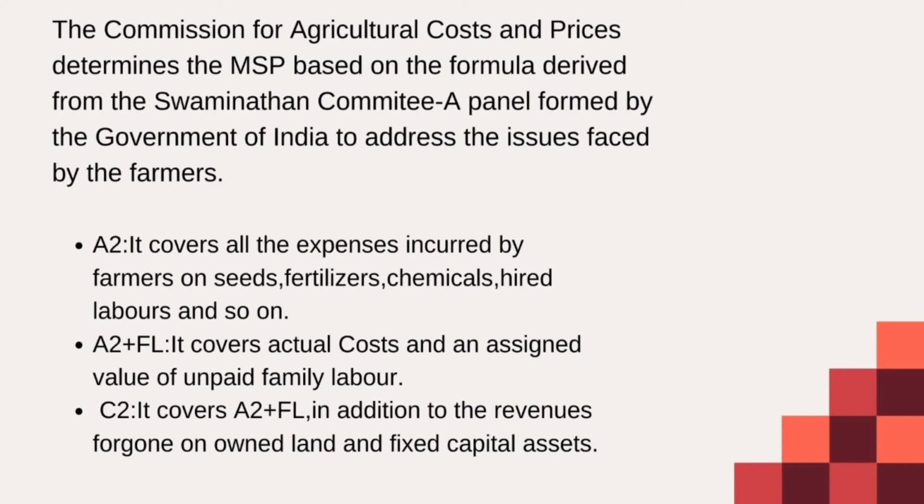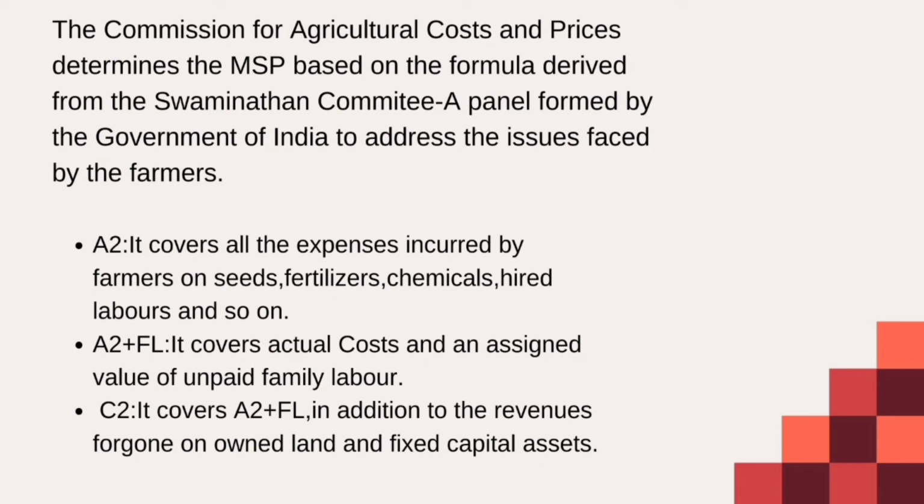So let's look at what is the Commission for Agricultural Costs and Prices, which is known as CACP. The CACP is an attached office of the Ministry of Agriculture and Farmers Welfare.